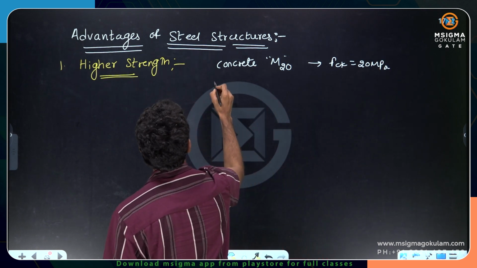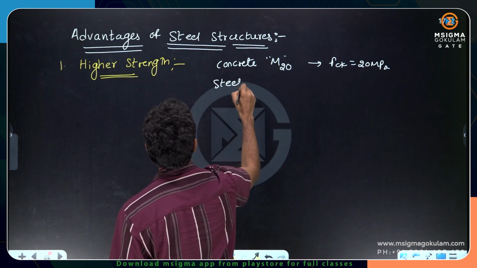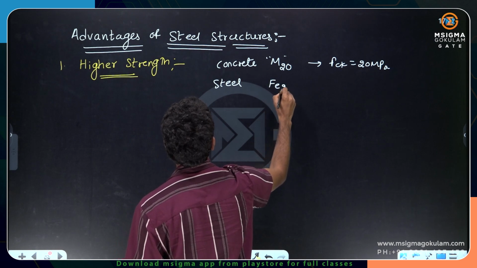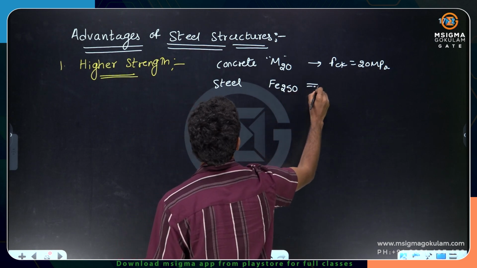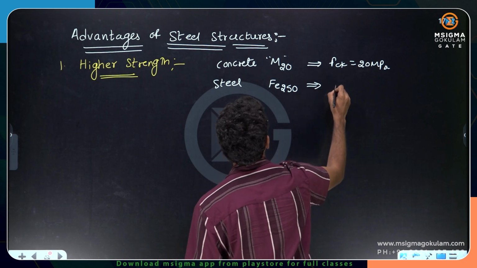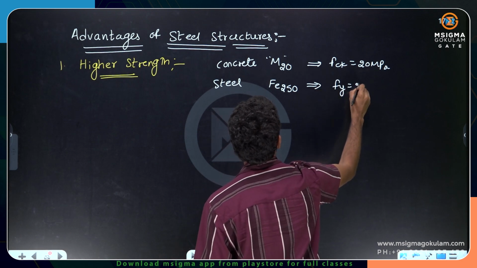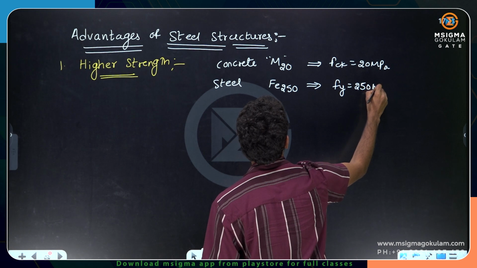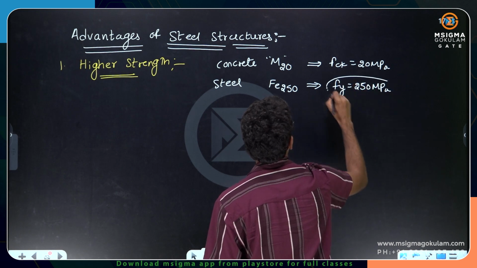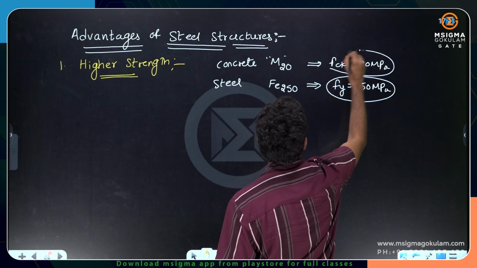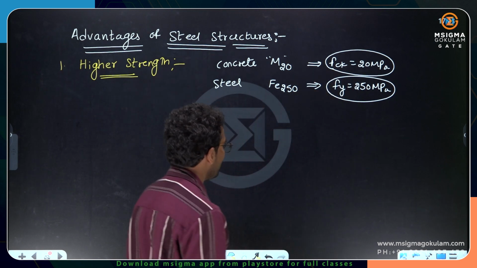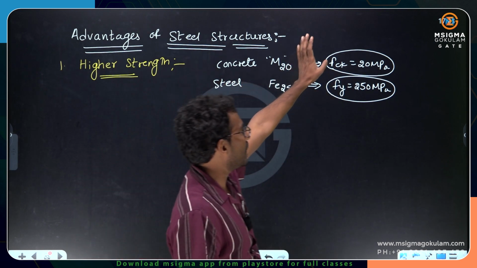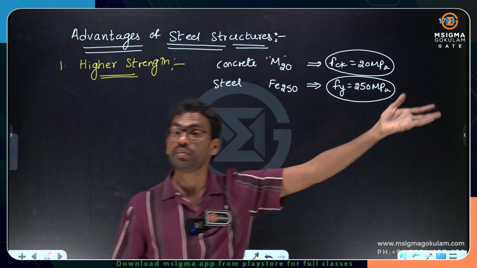And when I talk about steel, the least grade of steel available is Fe250. Its yield strength is 250 megapascal. This is the strength of the steel, this is the strength of the concrete. So when I compare, least strength of concrete is 20 megapascal, least strength of steel is 250 megapascal.